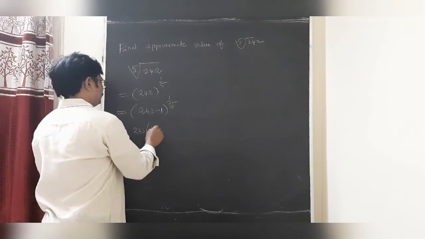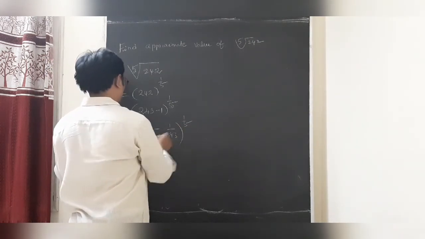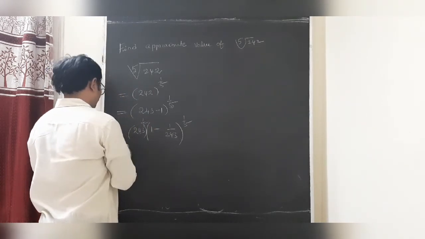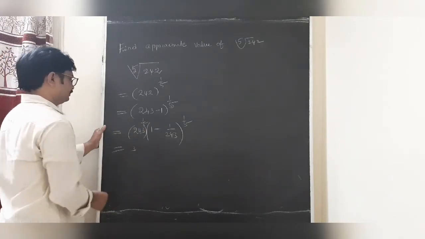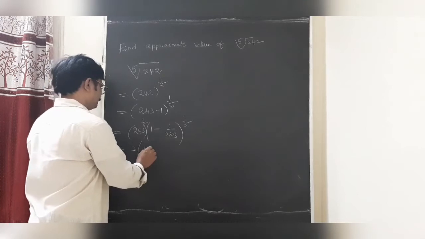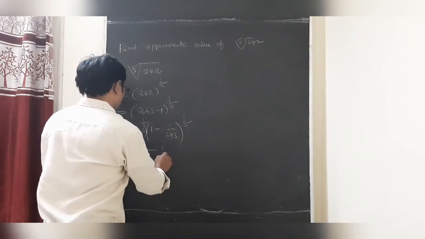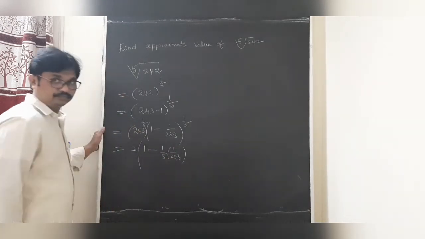That is 243 into 1 minus 1 by 243, whole power 1 by 5. This is, students, 3 power 5, the 5 cancels, so 3 into 1 minus nx, 1 by 5, 1 by 243.